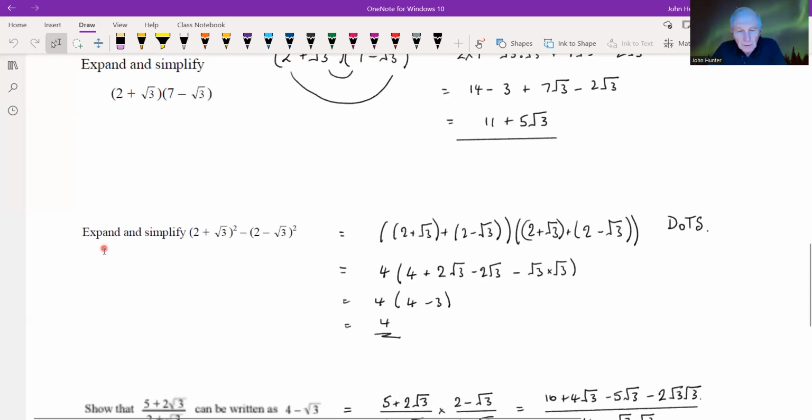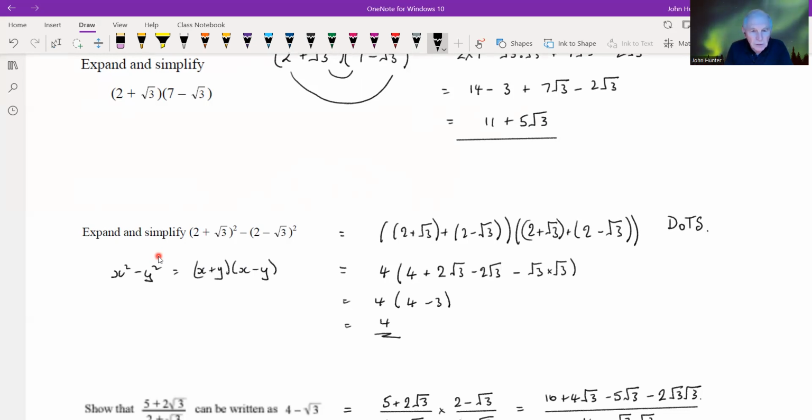Another one here, expand and simplify this. Now sometimes we can simplify these things using other rules, and if you recognize the difference of 2 squares, then this one fits into that pattern. So if we've got x squared minus y squared, let's just write it down here, x squared minus y squared is equal to x plus y times x minus y.